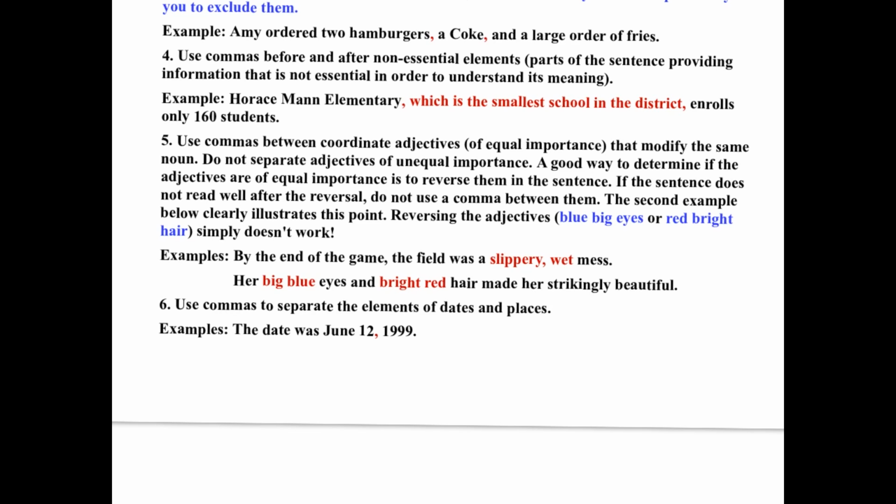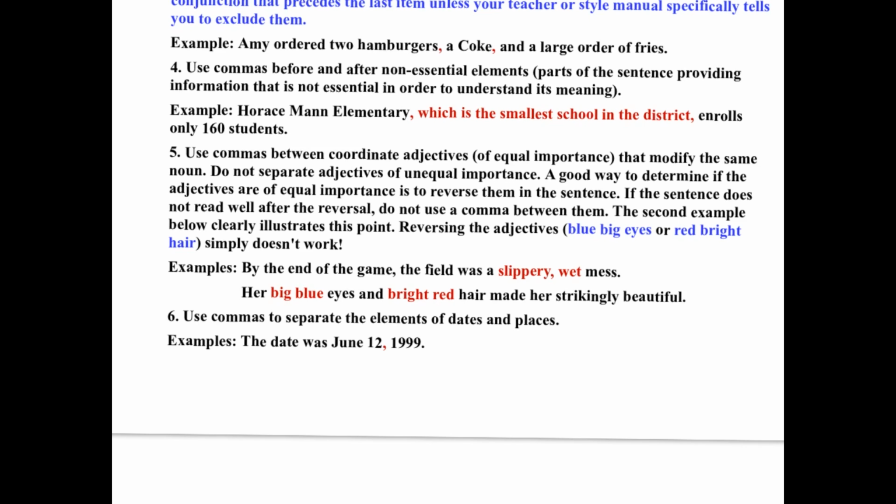Let's switch those around. Her bright red eyes and big blue hair made her strikingly beautiful. Does that make sense? I mean, it could, but more than likely it wouldn't. So there's no need for a comma there.